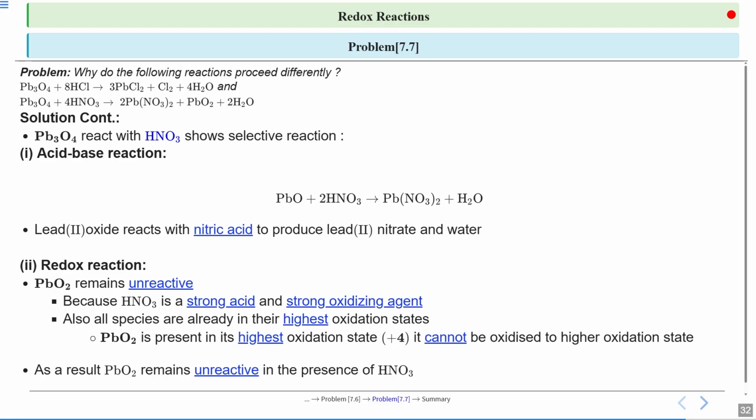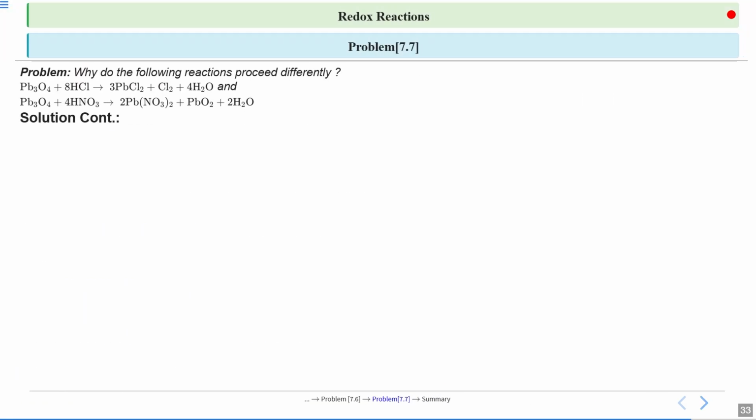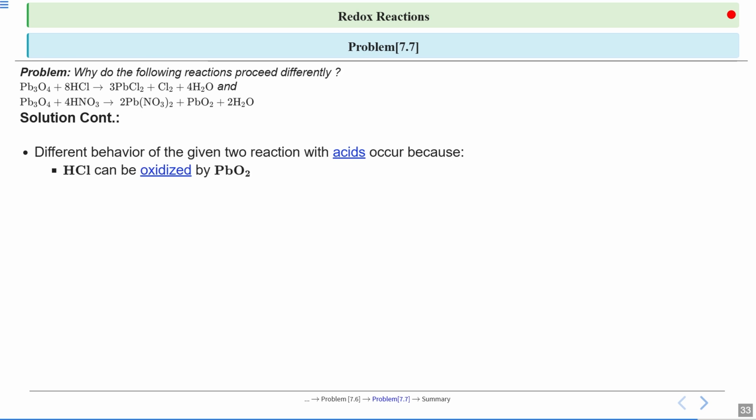So this is all about the reaction of HCl and nitric acid with Pb3O4. Now, let's conclude this. The different behavior in the given two reactions with acid occurs because HCl can be oxidized by PbO2, while HNO3, being an oxidizer, cannot be further oxidized by PbO2.